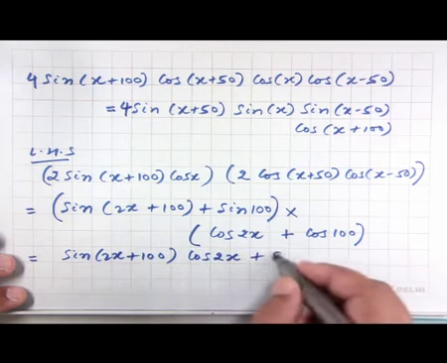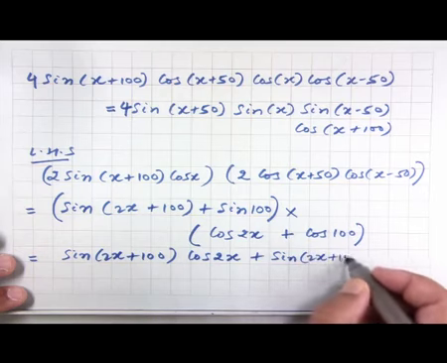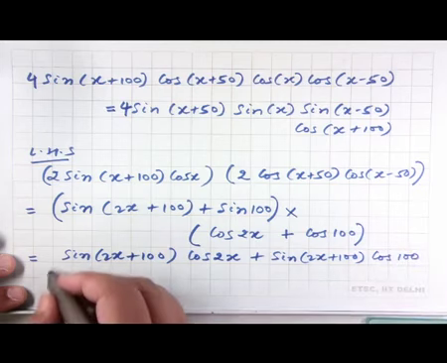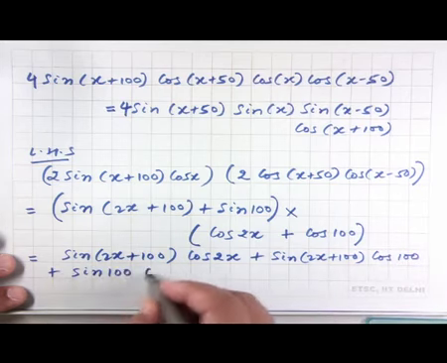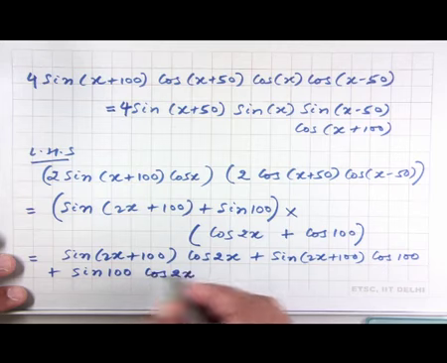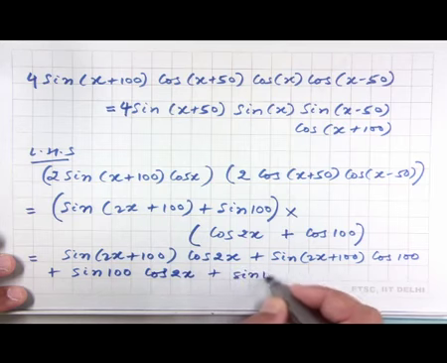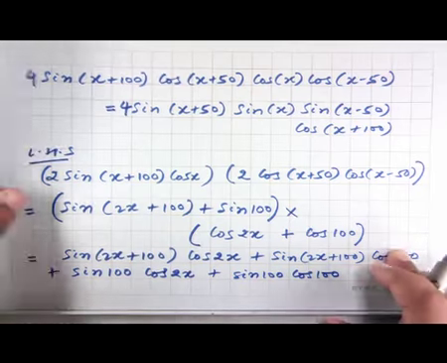Plus sine of x plus 100 times cos of 100 plus sine of 100 times cos of 2x plus sine of 100 times cos of 100. And we try to do a similar thing for the right hand side now.